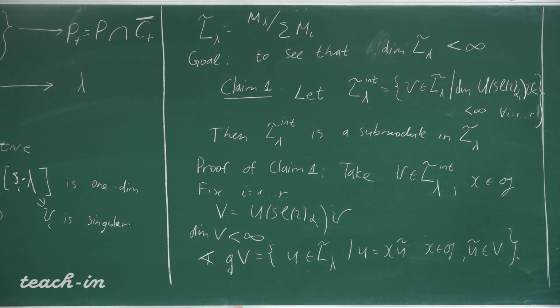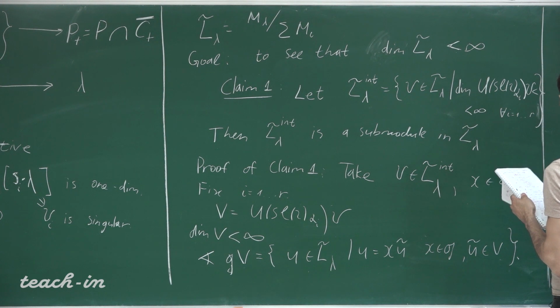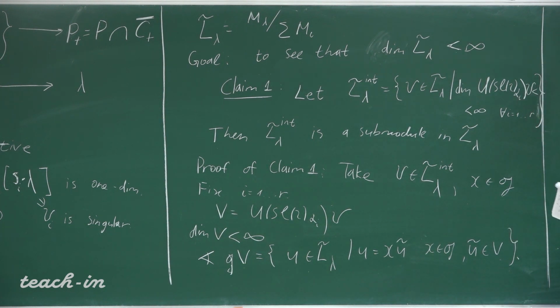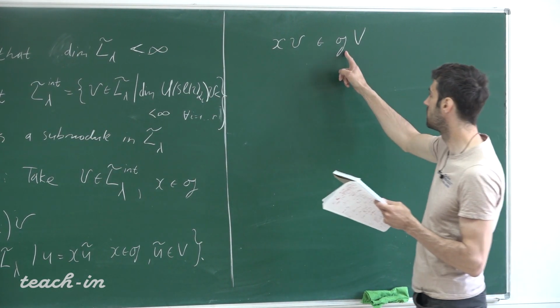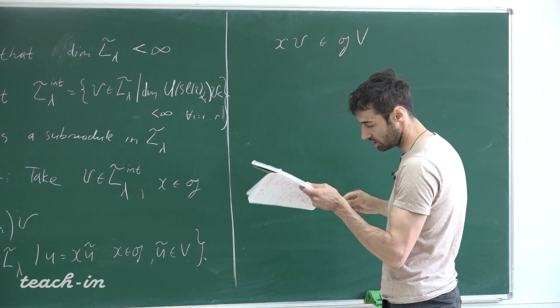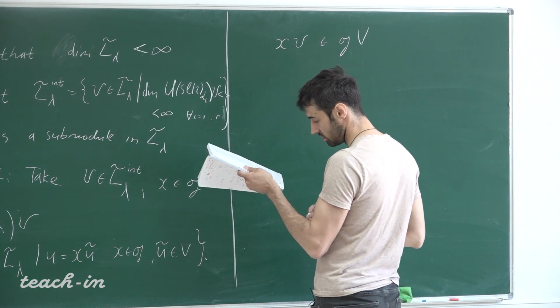All right. Then, of course, XV is inside GV. So X from here, V from here. So by definition, this is.